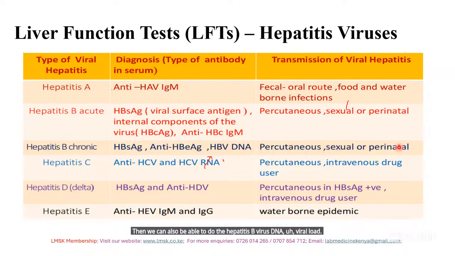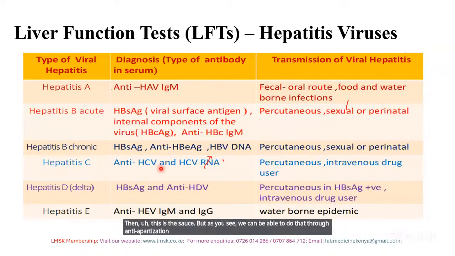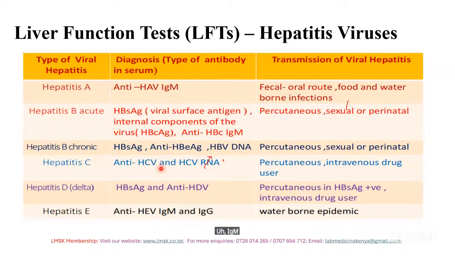Then this is the source. Hepatitis C, we can do through anti-hepatitis C IgM as well, or antibodies. We can also do hepatitis C virus RNA, and these are the sources.